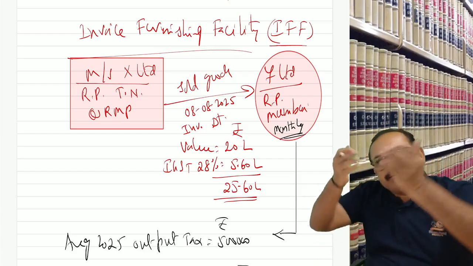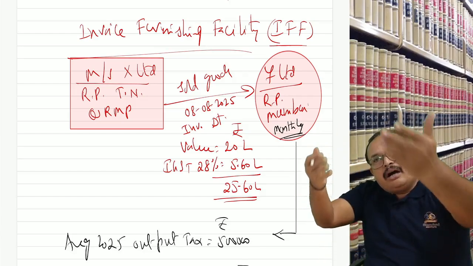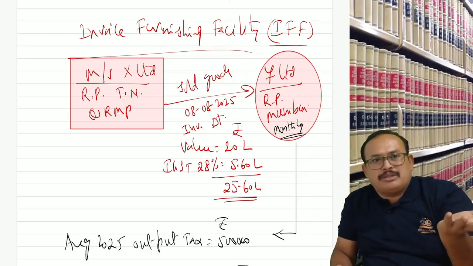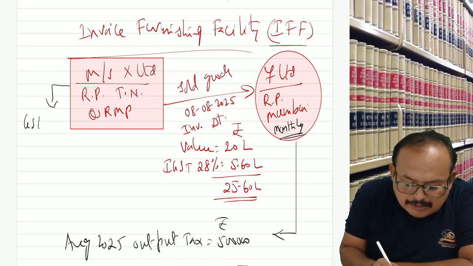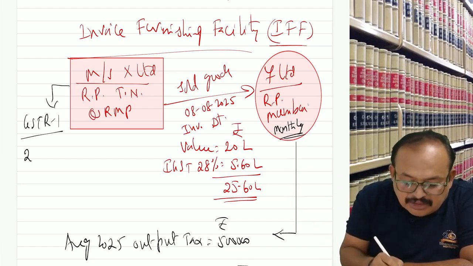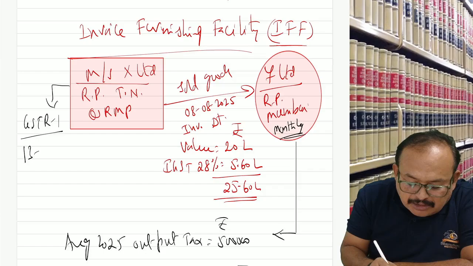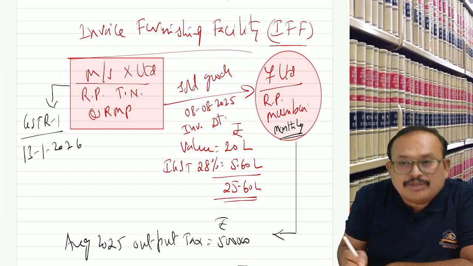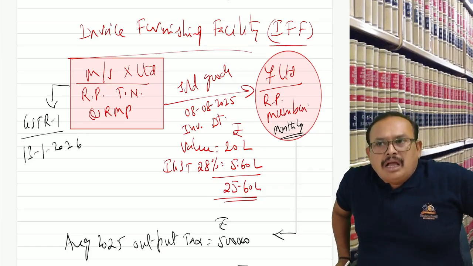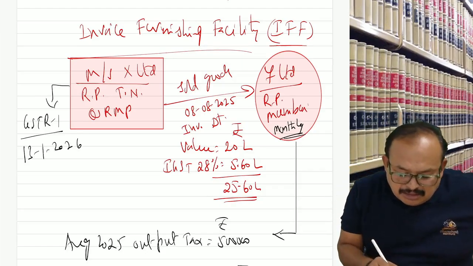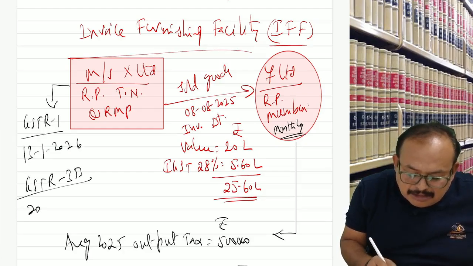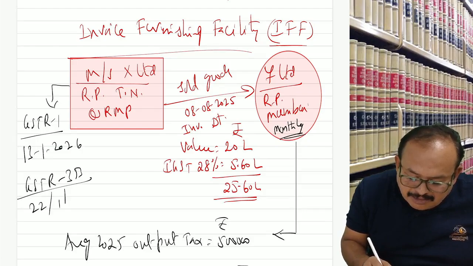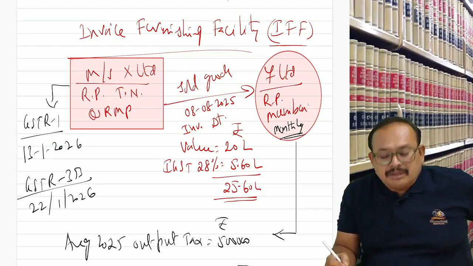This Y Limited received the goods, also received the invoice, and made the payment to the supplier. But the supplier is submitting GSTR-1 when? 13th January 2026. Correct? And he may make the payment through GSTR-3B by 22nd January 2026.